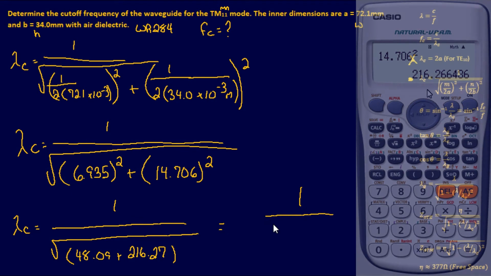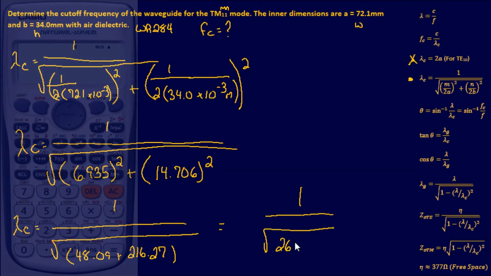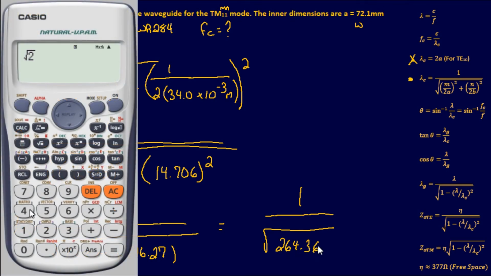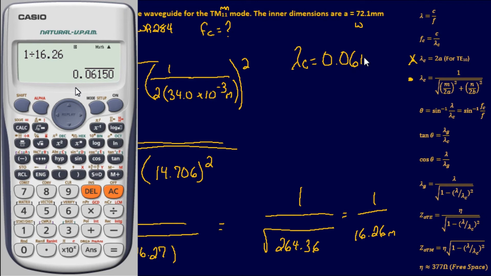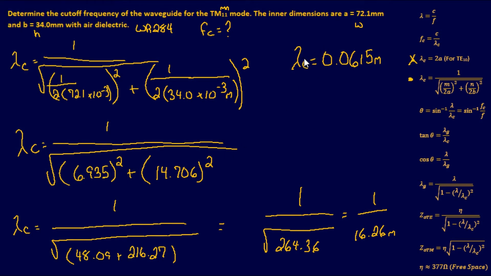So it's 1 over square root, and this is going to be 264.36, and that's going to equal 1 over 16.26. And this is still in meters. And that's pretty simple plug and chug, and let's see if I can fit the rest right here. So my wavelength cutoff is going to equal 0.0615 meters. So I want to go ahead and clean this up right here and get rid of all this so I can finish off the frequency cutoff now that we have the wavelength cutoff.